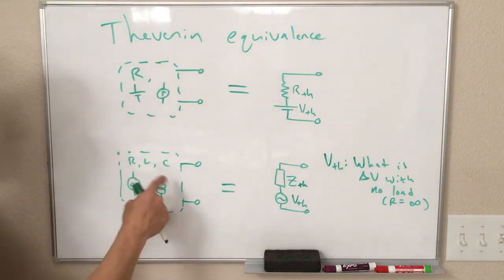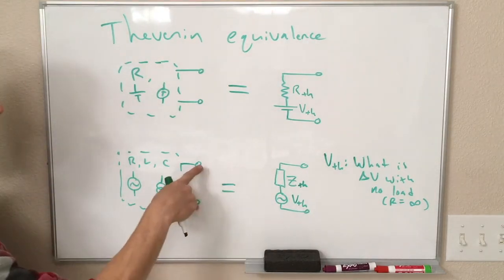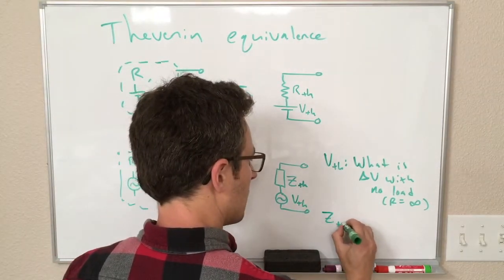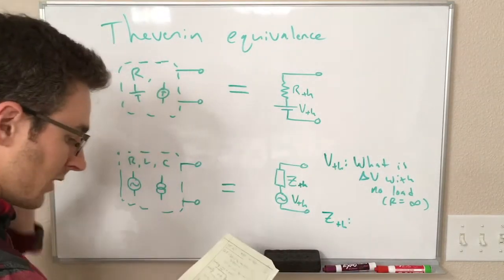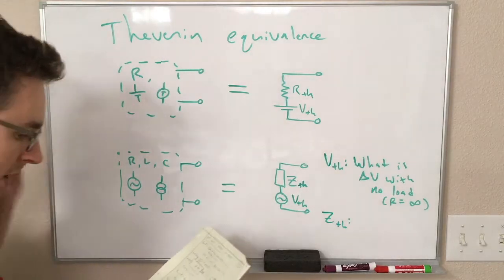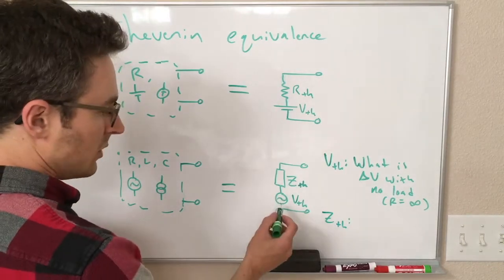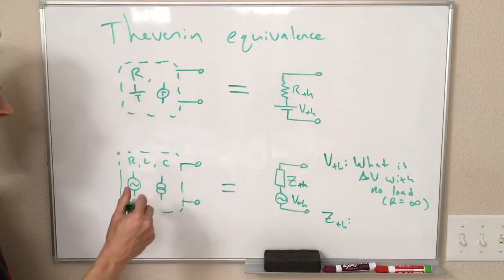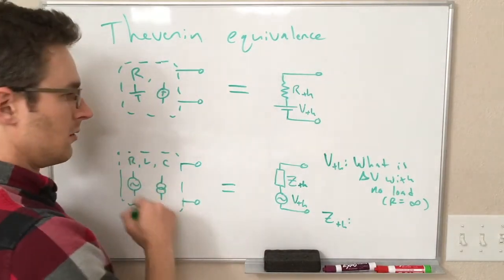In other words, you just analyze these as voltage points you're measuring with nothing connected. And then Z Thevenin is the equivalent impedance you get when you short out all the voltage sources and open circuit all the current sources in your circuit.